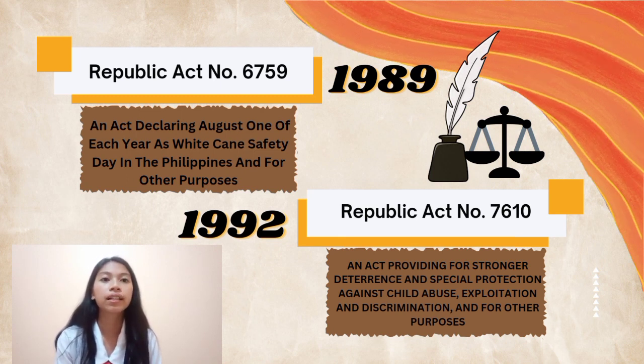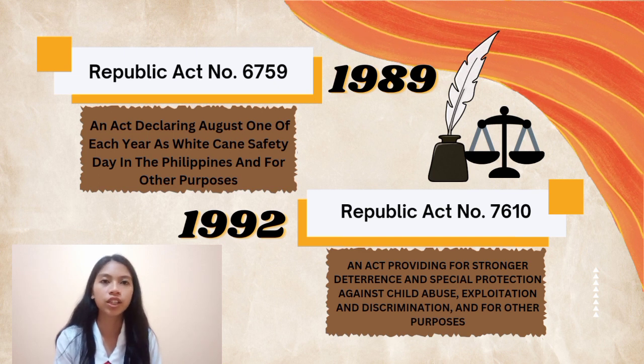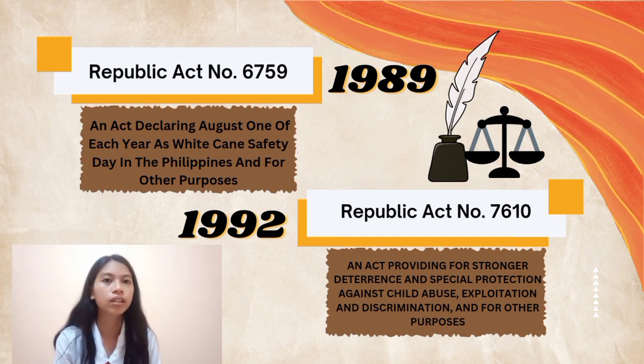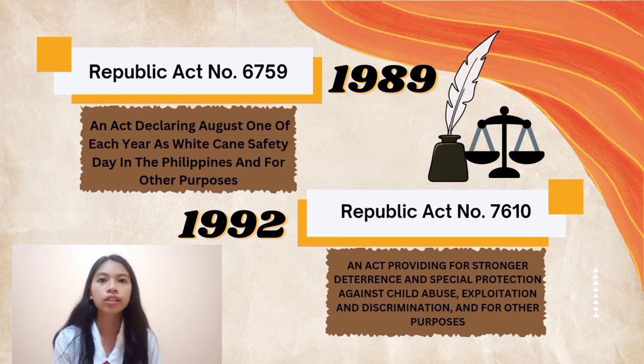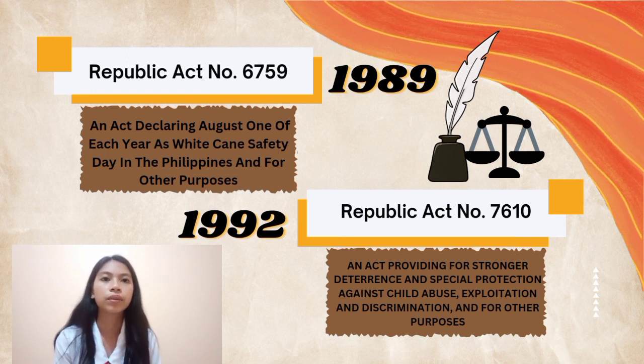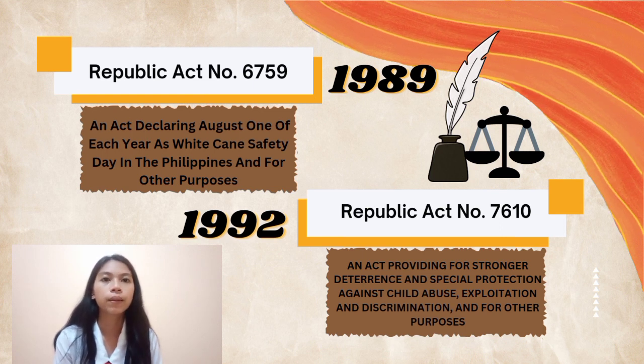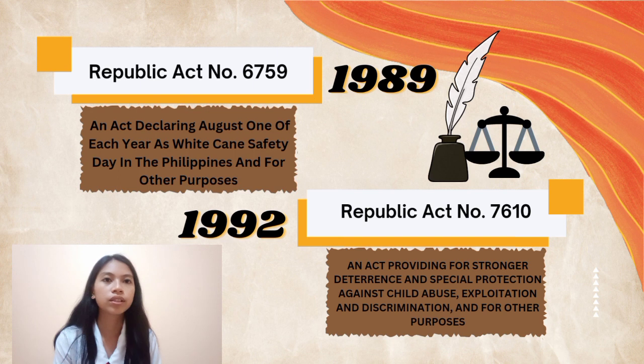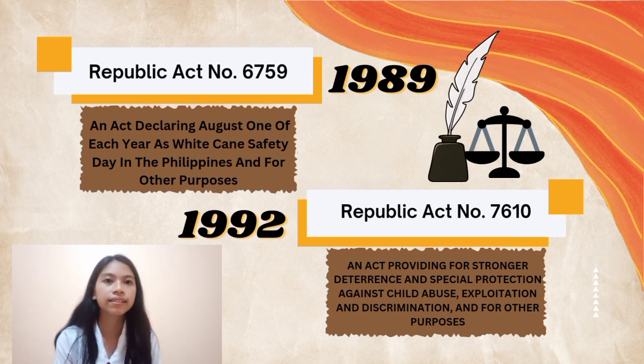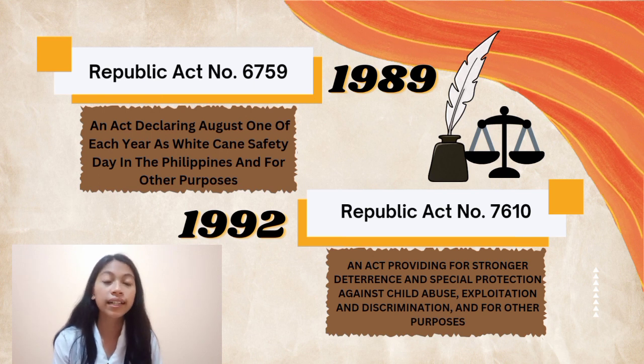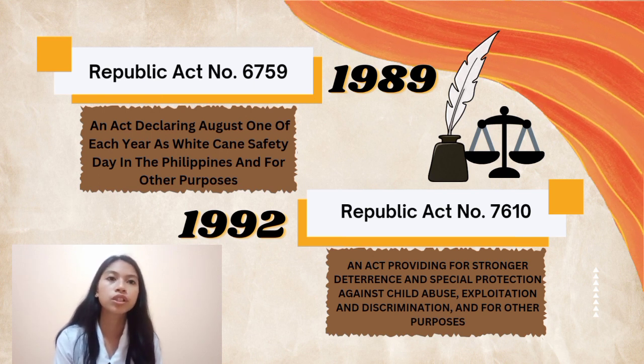It is hereby declared to be the policy of the state to provide special protection to children from all forms of abuse, neglect, cruelty, exploitation, and discrimination, and other conditions prejudicial to their development, provide sanctions for their commission, and carry out a program for prevention and deterrence of and crisis intervention in situations of child abuse.